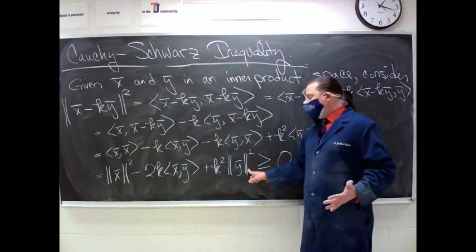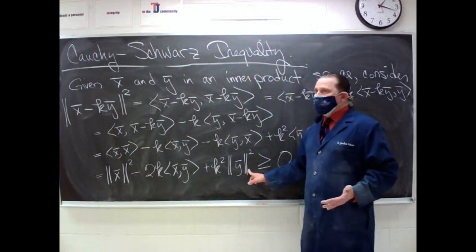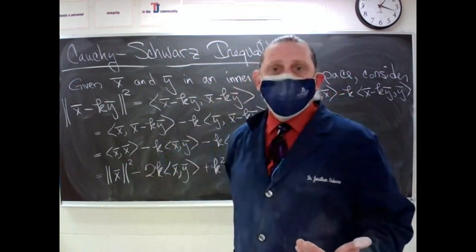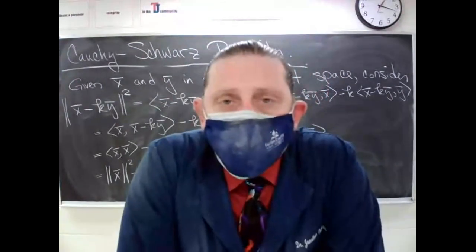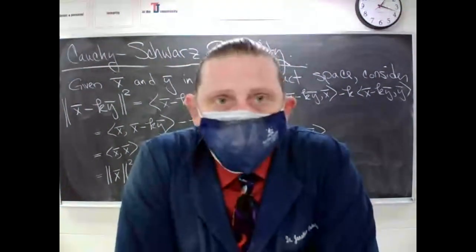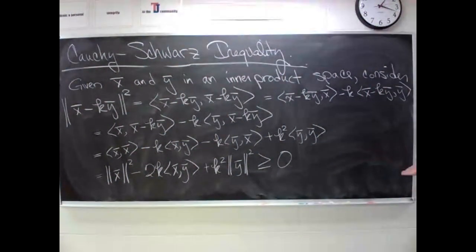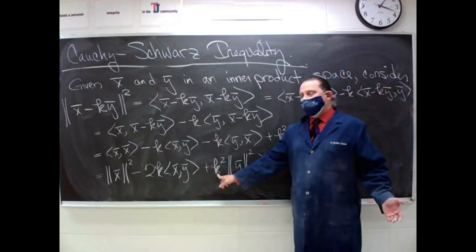The norm of y squared is a number. So this quantity on the left-hand side of the inequality is a quadratic function of k. That's what it is. All right? It's a quadratic function of k with a positive coefficient of k squared.